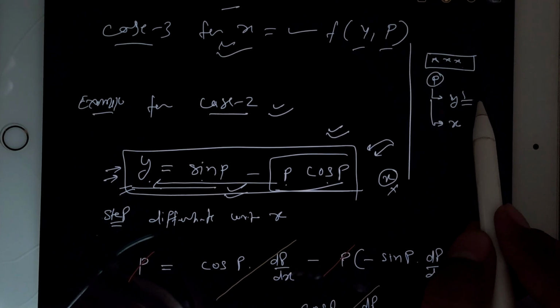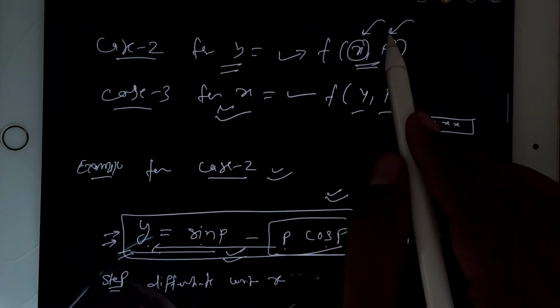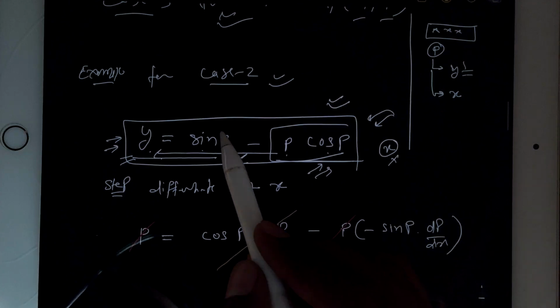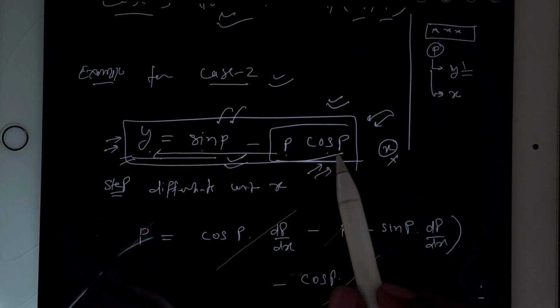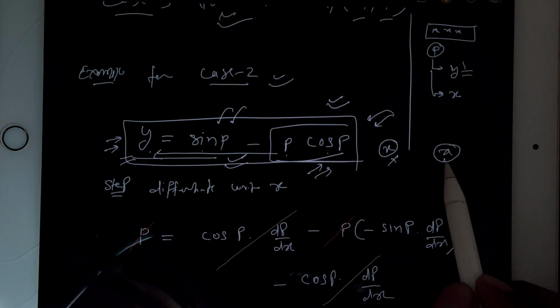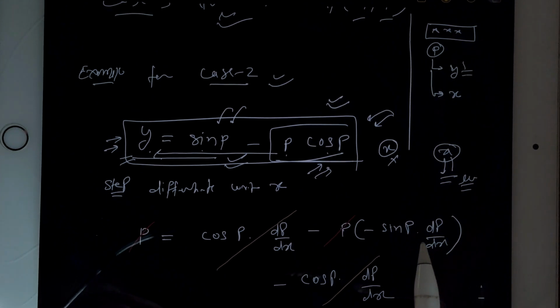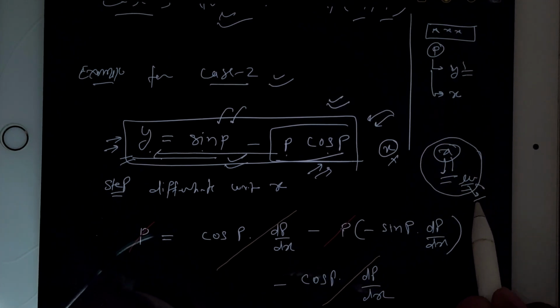Once you get y is equal to something like this, in that something x terms will come and p will come. Here it is easy for us, x terms are not coming. If x terms are not coming, then the question became easy for us. If x terms come, then there is a huge chance the question will take Lagrangian format, and then it will be very, very big.